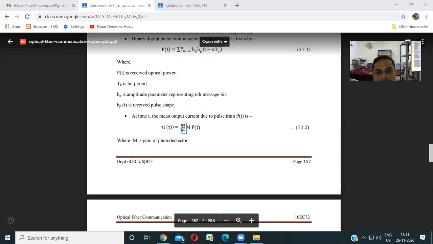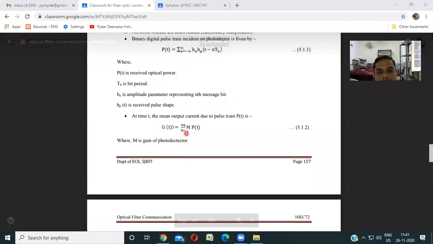Please recall η, q and hν. Here η is the quantum efficiency, q is the electronic charge, h is Planck's constant, and ν is the frequency.